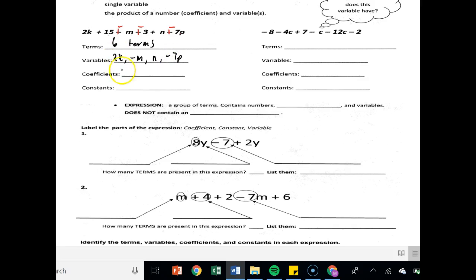Our coefficients are 2, and this is important. When you have a variable by itself, the coefficient is 1 or -1. So in the case of negative m, it is -1. In the case of n, positive n, it is +1. And then negative 7p is obviously -7. And our constants, numbers without variables, we just had 2 of them, 15 and -3.